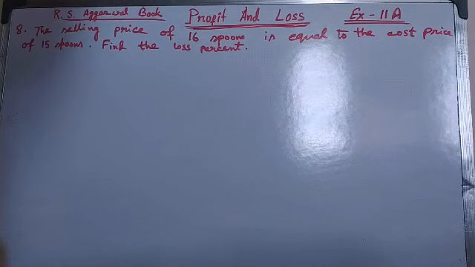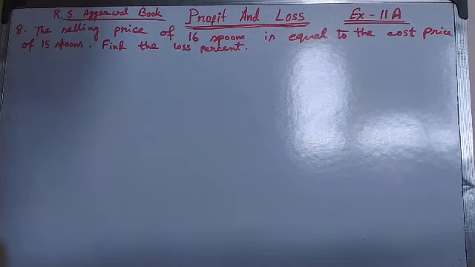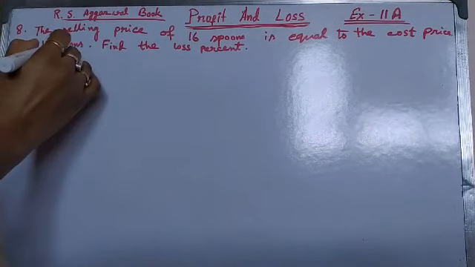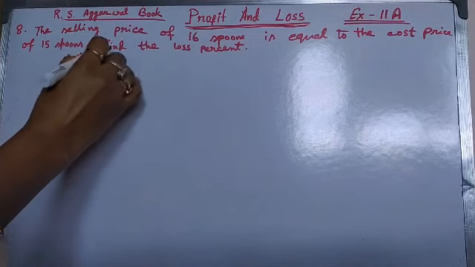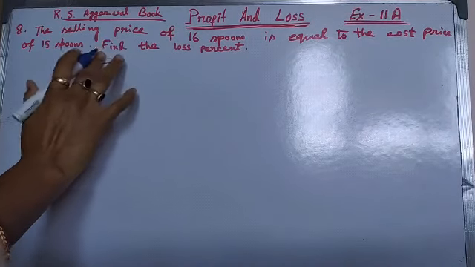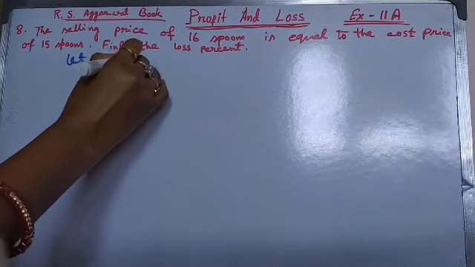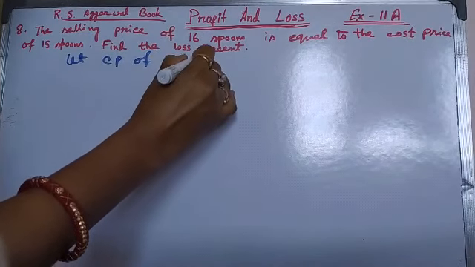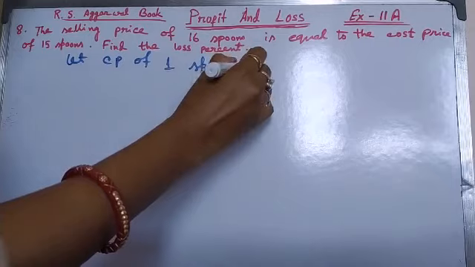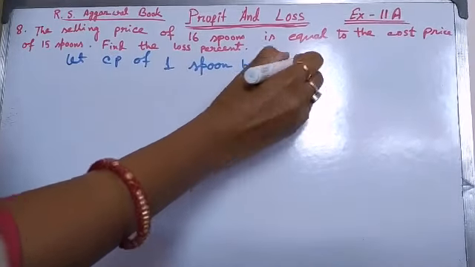Now question number 8. The selling price of 16 spoons is equal to the cost price of 15 spoons. Find the loss percent. So first of all, here we will take the cost price of 1 spoon. Let the CP of 1 spoon be rupees 1, I am taking.